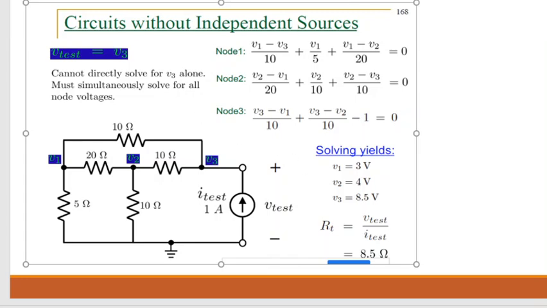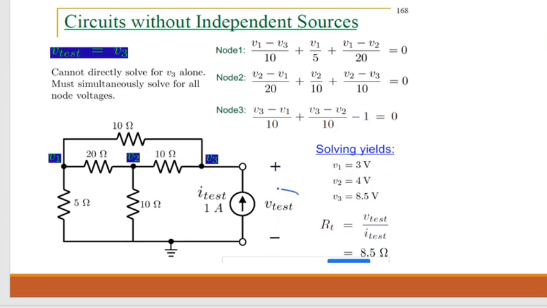Here we want to calculate voltage, right? And if I currents, that would be 1 ampere. But we do 1 ampere.